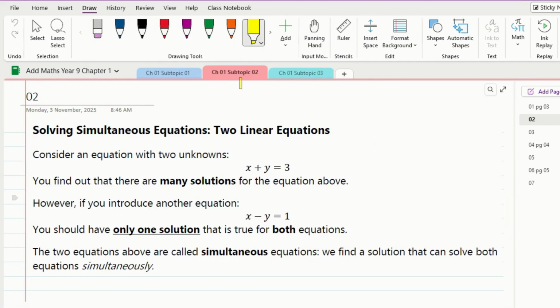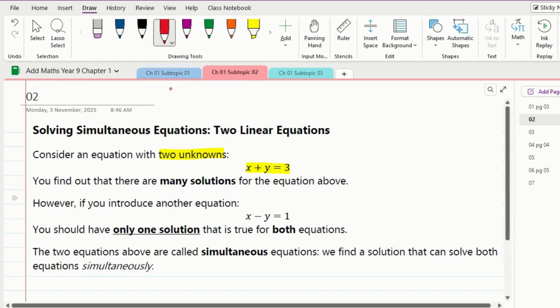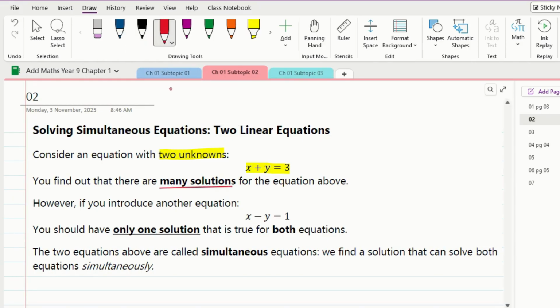Essentially, simultaneous equations in most cases in additional maths involve two unknowns. For example, if you are given x plus y equals 3, and you think about the solution, you will find there are many solutions for the equation above.